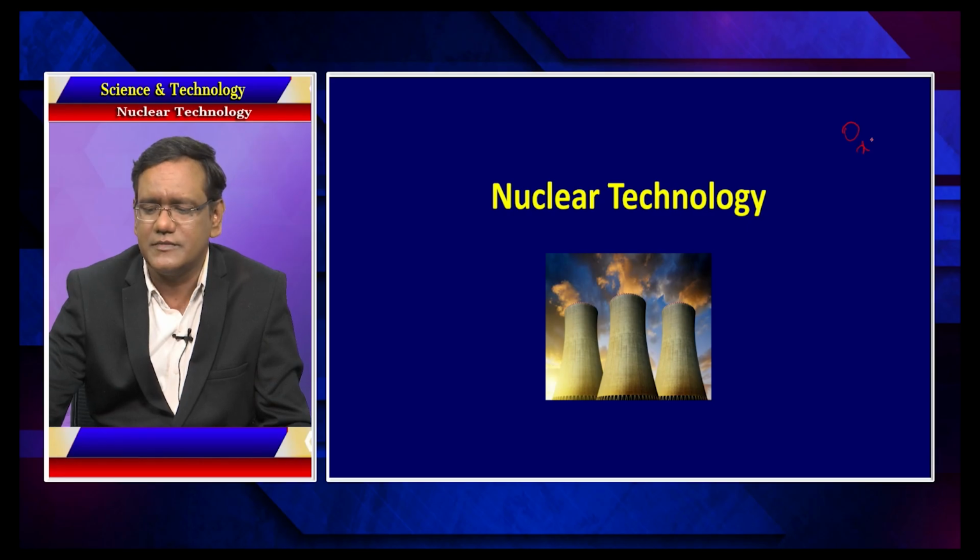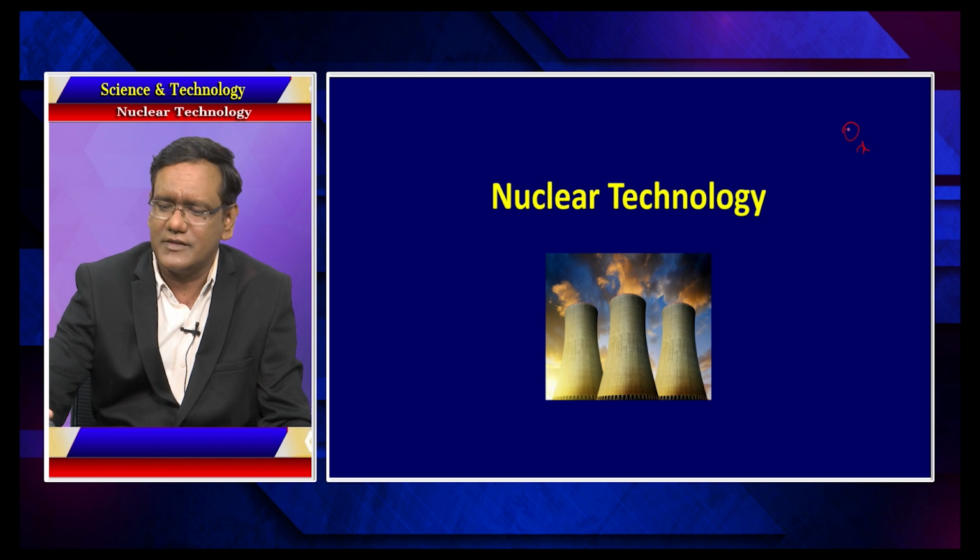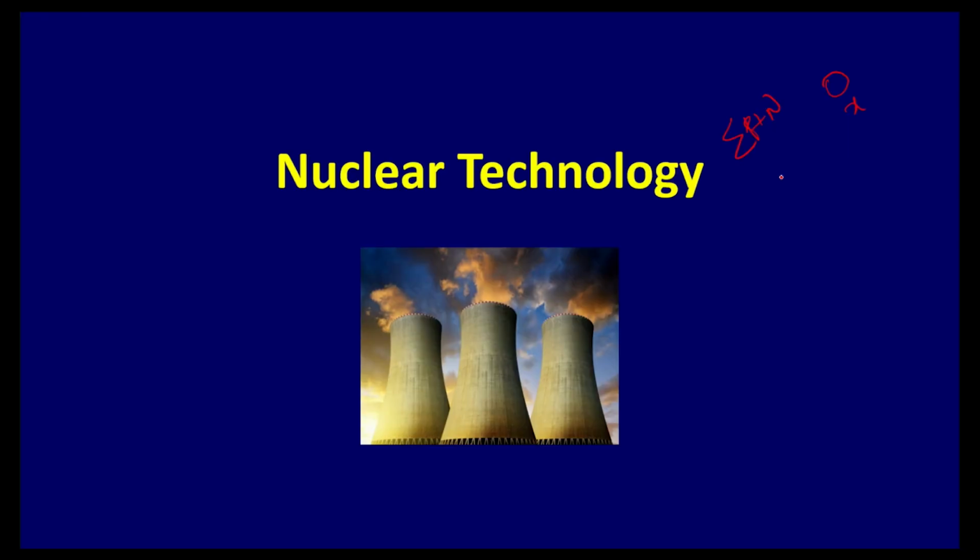So let us take nucleus mass as x, but the mass of all protons plus neutrons is y. The mass of these individual protons and neutrons is always greater than the mass of the nucleus. That means when the nucleus formed, some mass has been lost.